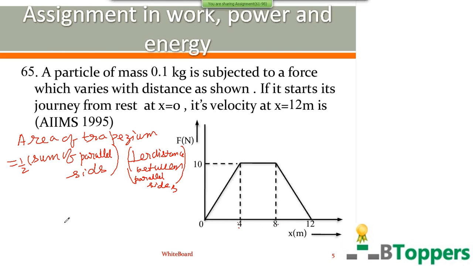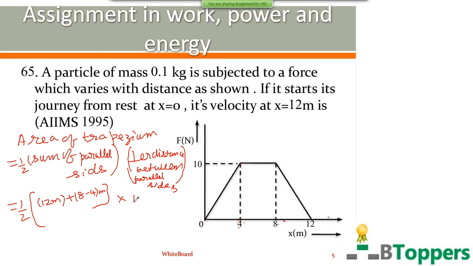is equal to 12 minus 0, or 12 meter, plus the length of this side, which you can write as 8 minus 4 meters, into the perpendicular distance between the two parallel sides.